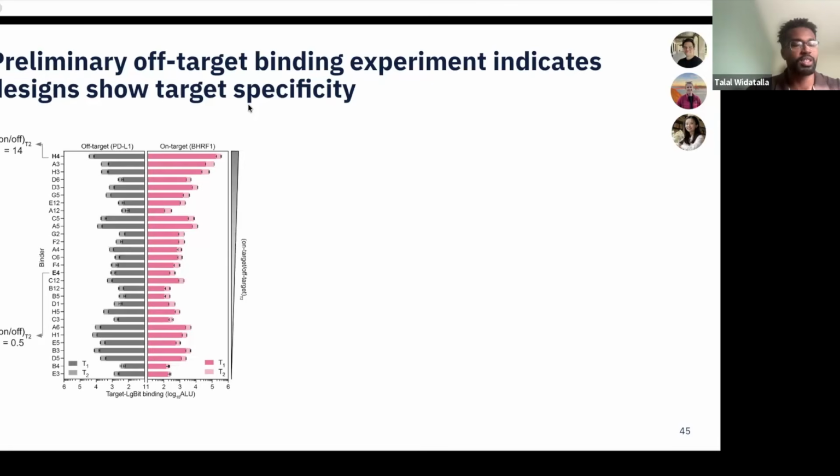So we look forward to testing these and seeing if there needs to be some other parameter that constrains you from going in that adversarial direction of just making something that binds everything.